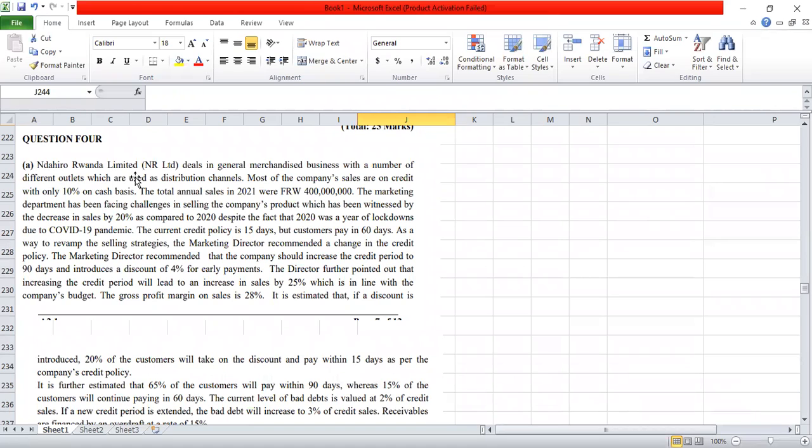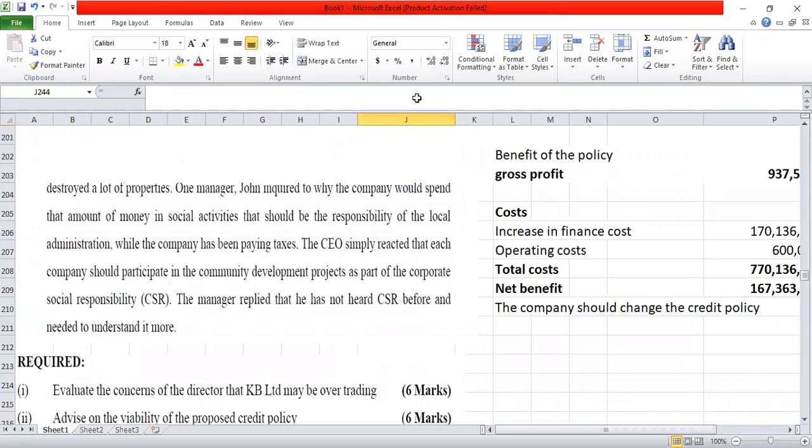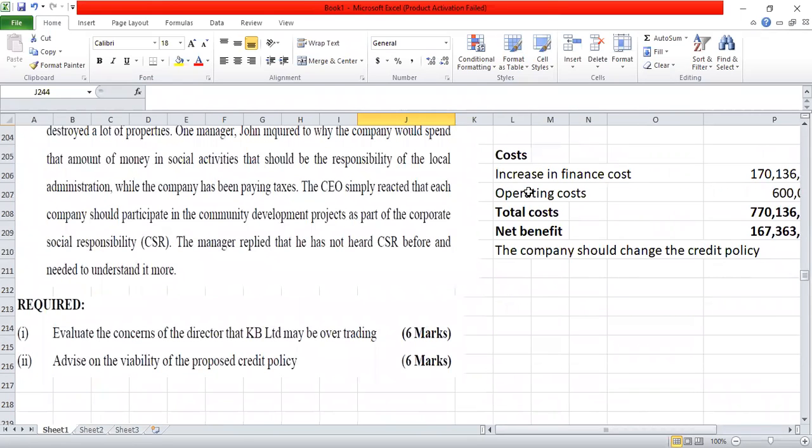Ndahiro Rwanda Limited deals in the general merchandise business with a number of different outlets which are used as distribution channels. Most of the company's sales are on credit with only 10% on cash basis. There is a discount cost. Oh, sorry, you have reminded me.